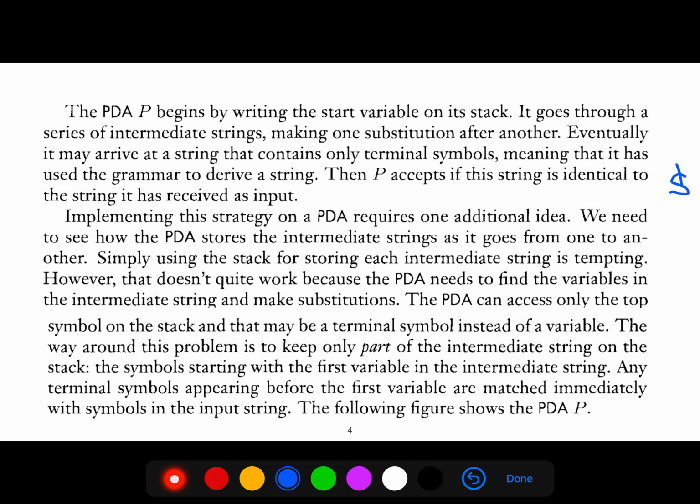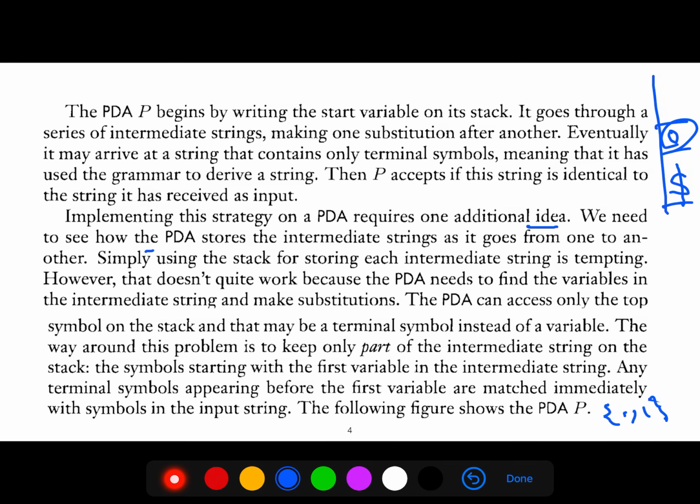First we have $ sign in the stack, and then on top of that there is a start variable. Your start variable, for example, could be A, B, C, or could be 0 or 1. For example, if your alphabet of the stack is 0 and 1, then your start could be any of that. And implementing this strategy requires additional data.